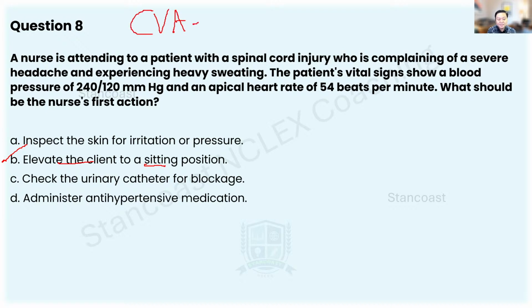Yes, the hypertensive crisis will make them at a high risk for CVA. The first action should be to elevate the head of the bed because this can lower the blood pressure secondary to postural changes. It can actually drain the blood flow. Okay?